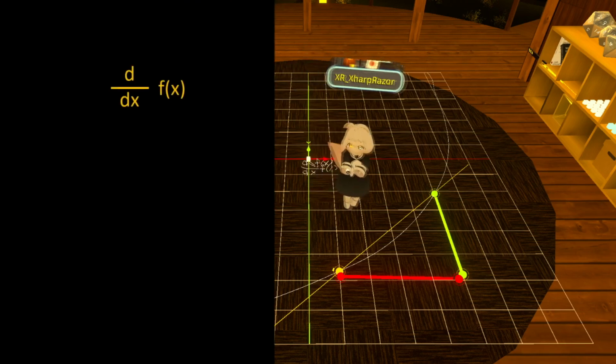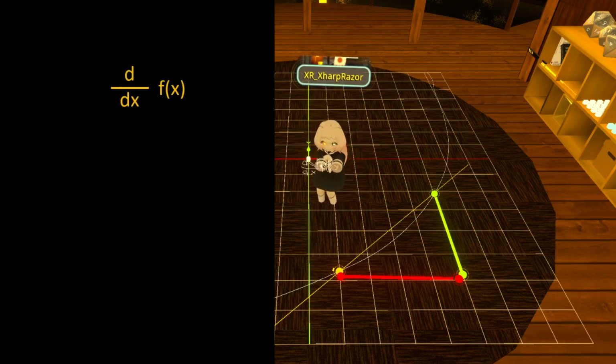So the derivative is going to be a new function such that when I put in a value, it will give me the slope at that x value. Like when x is something, slope is something.